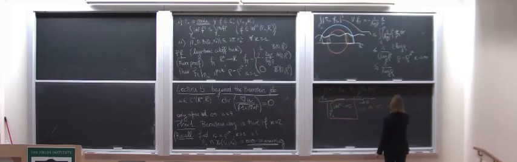So u of x, y will be equal to ax plus by plus c for real constants a, b, and c.